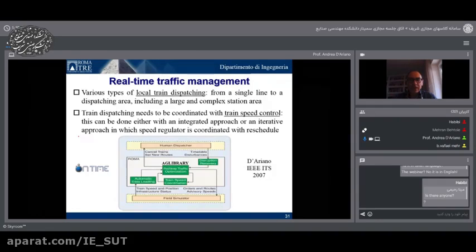This type of coordination between speed control and local dispatching, including local sequencing and routing, has been the subject of a number of European projects funded by the European Commission. I mention here one big project, worth millions of euros, that was successful in Europe some years ago.